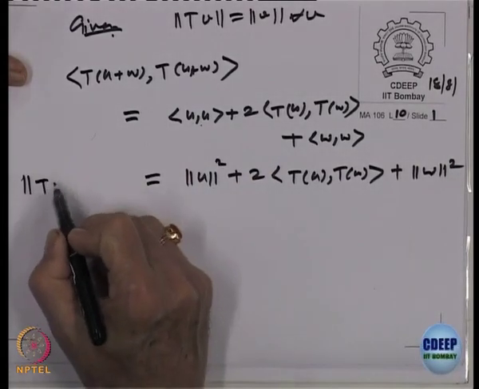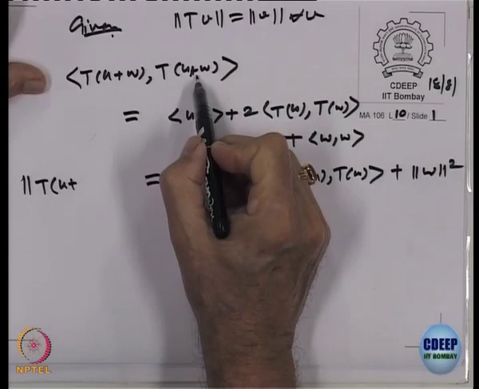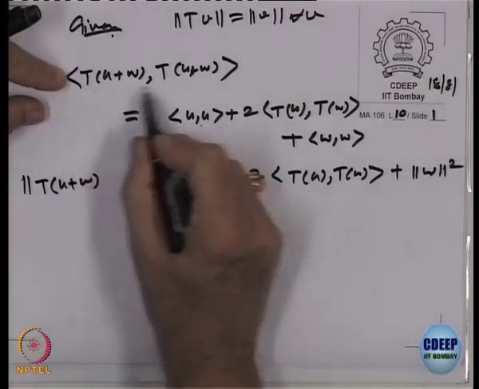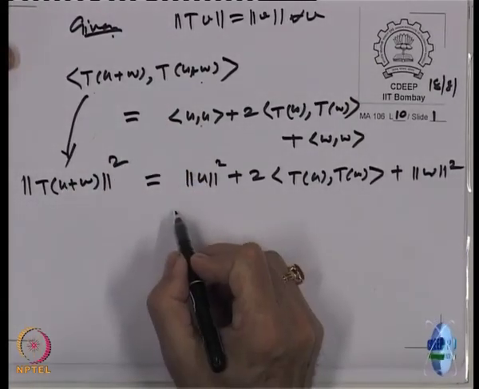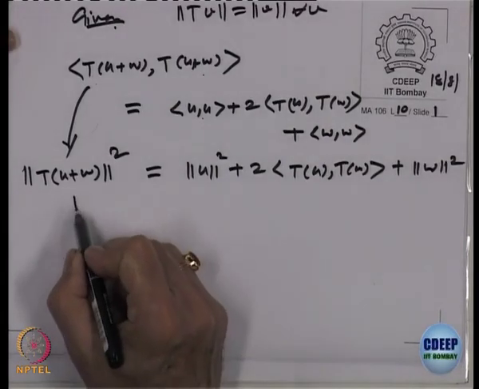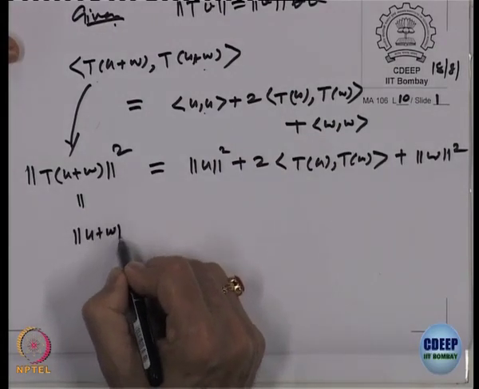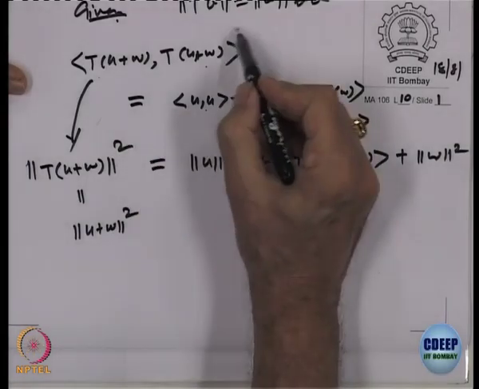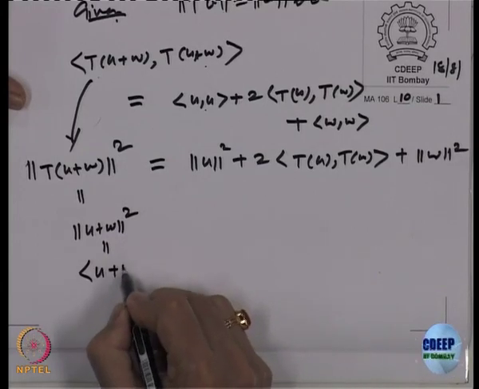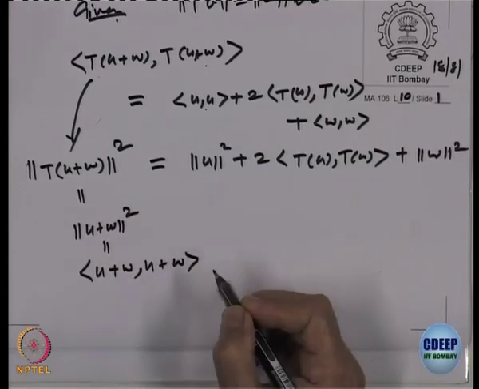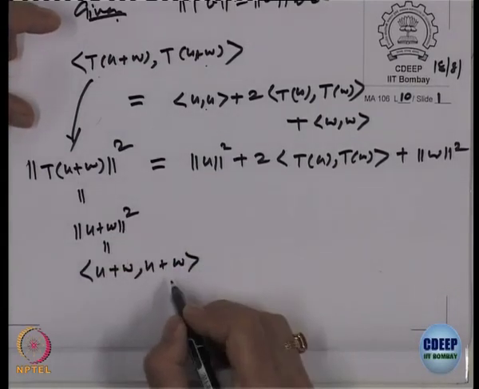This is the norm of T of u plus w, the same vector with itself, so that is the norm squared. By the given property, this equals the norm of u plus w squared. I can write that as the inner product of u plus w with u plus w.